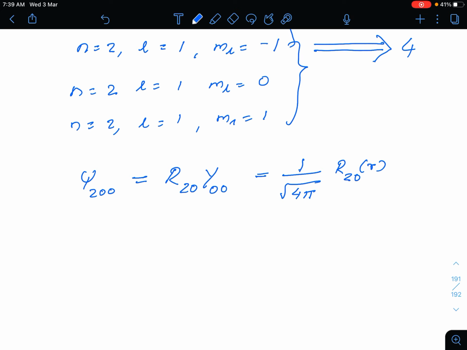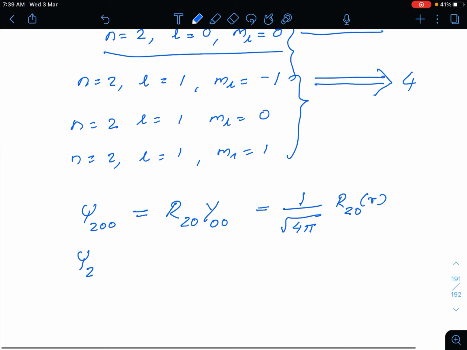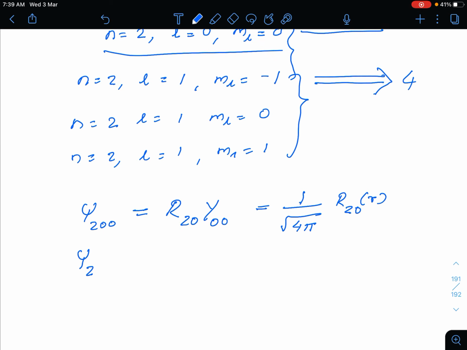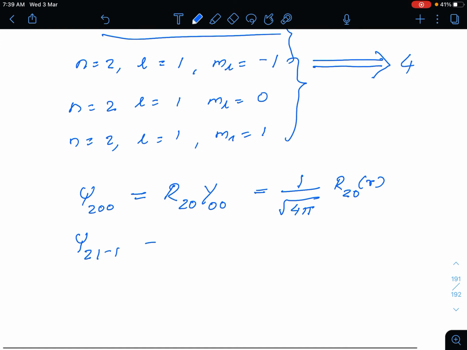So the second one is psi 2 1 minus 1. That will have R 21 Y 1 minus 1.